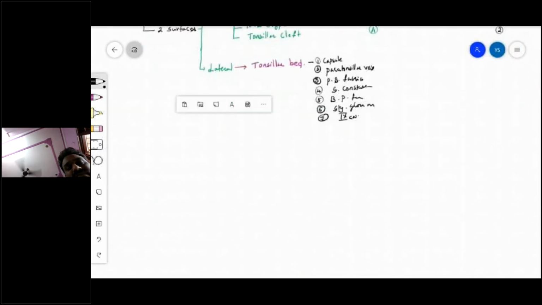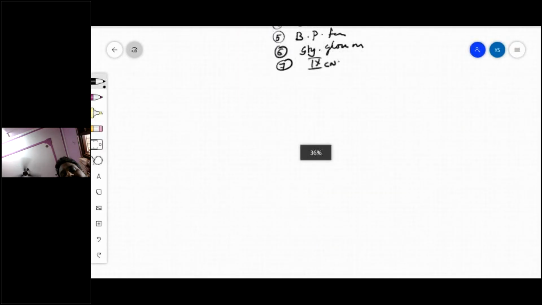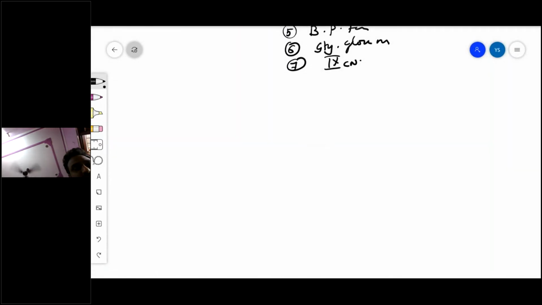Now we come to the blood supply of the palatine tonsil. So next one, blood supply.